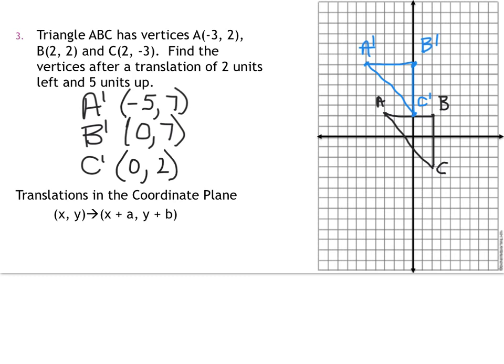So when we are doing these, we can either physically move the graph the direction that we need, or we can take the original or the pre-image vertices and we can add or subtract. When I add or subtract to the x, that is going to move it horizontally.